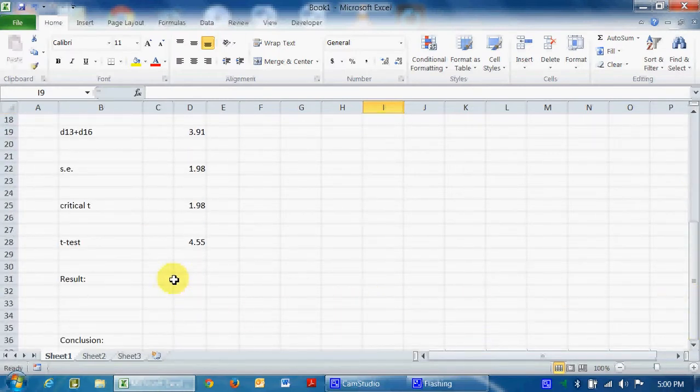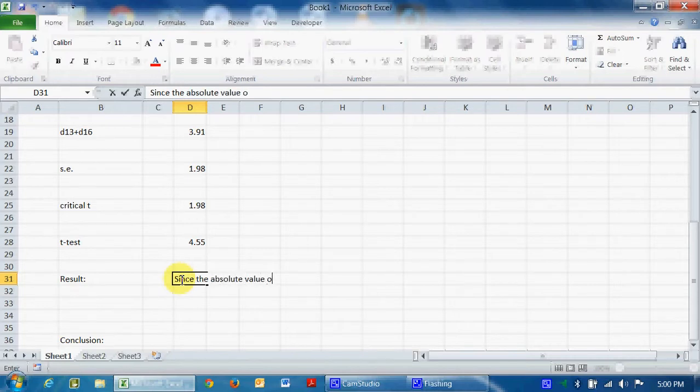So we are going to type out the explanation, and the book did a nice job with this, so I'm just going to use how they explained it. By the way, I'm on page 96, typing in the result on the bottom of page 96. Since the absolute value of, I'm just going to put 4.55.